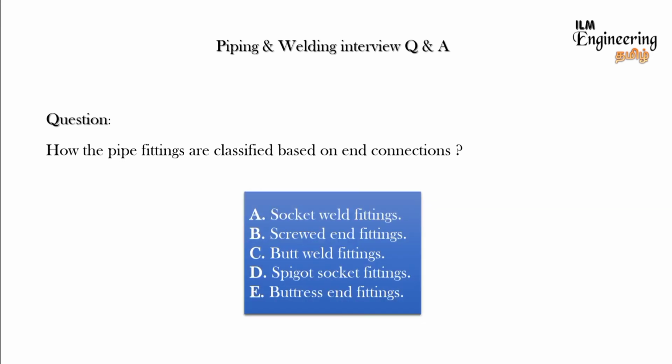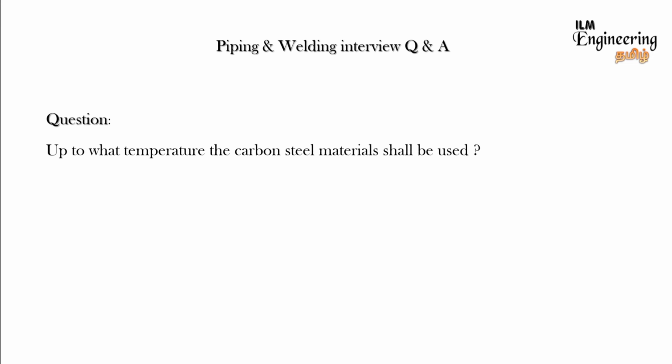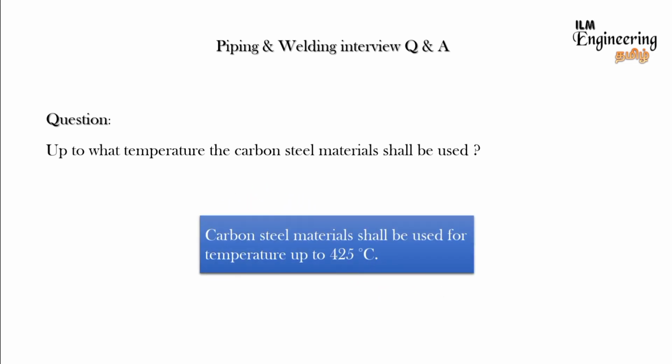Socket weld fittings, screwed fittings, butt weld fittings, spigot and socket fittings, bevel end fittings. Up to what temperature shall the carbon steel material be used? Carbon steel material shall be used for temperature up to 425 degrees Celsius.